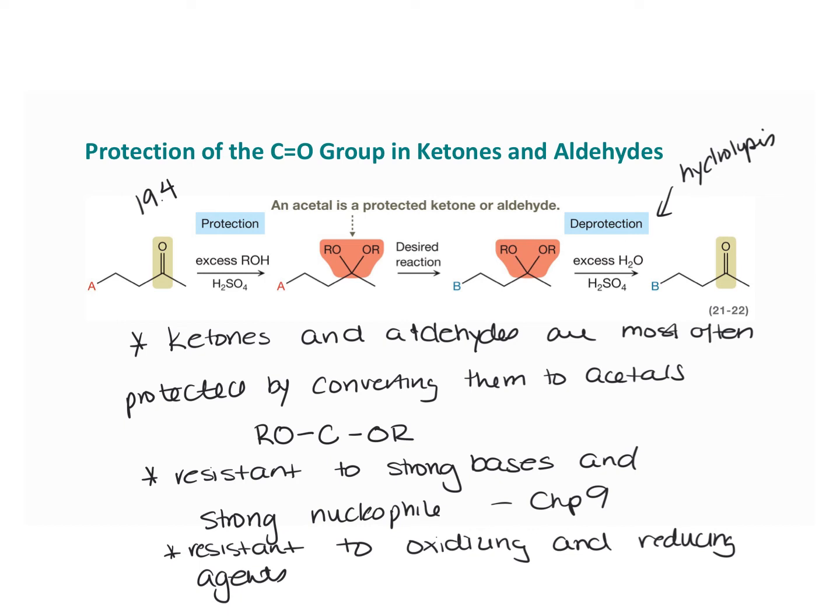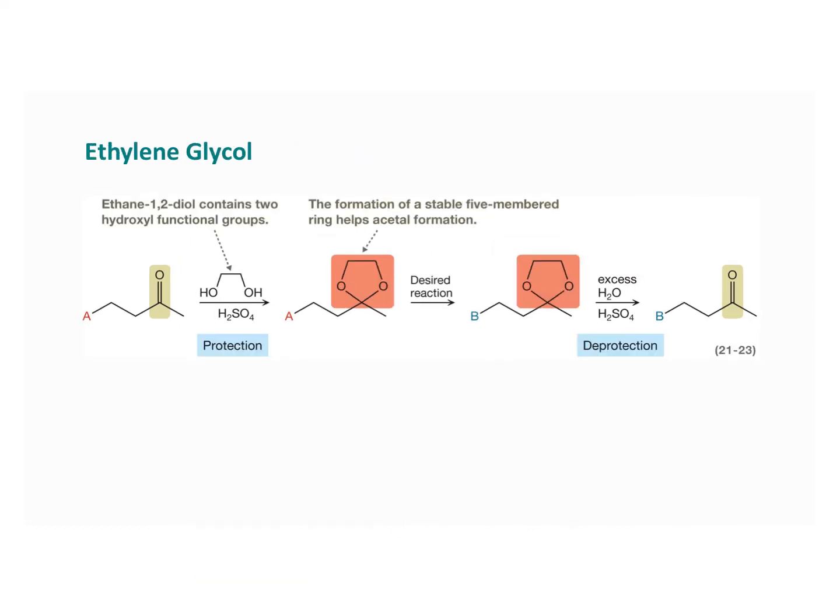So a commonly used alcohol in protecting ketones and aldehydes is ethane-1,2-diol, which is also known as ethylene glycol, okay? Ethylene glycol is a popular protecting group in part because it has two hydroxyl groups on the same molecule. So only 1 molar equivalent is needed to protect a carbonyl group rather than 2 molar equivalents that would be required if a mono alcohol were used.